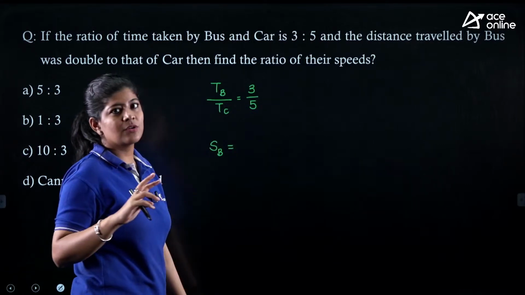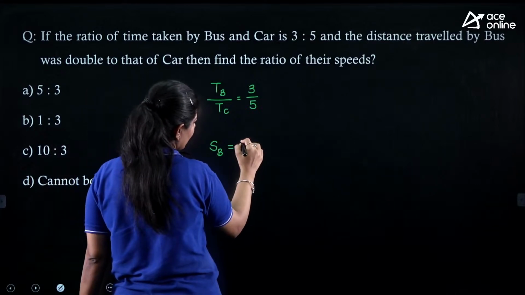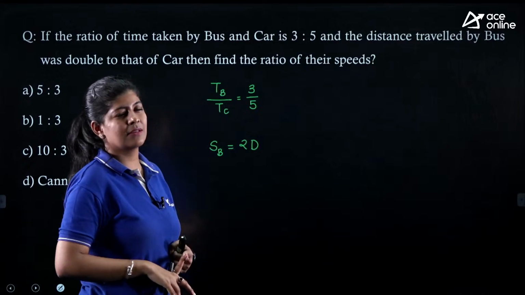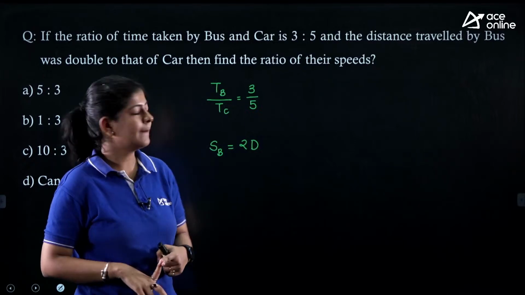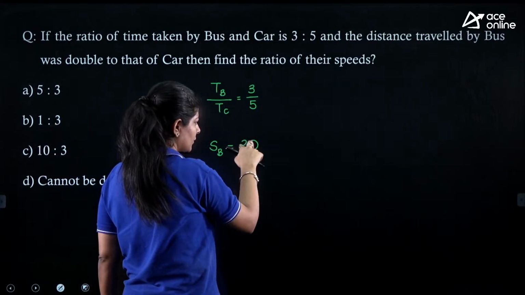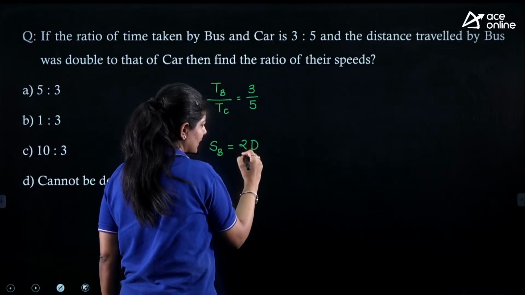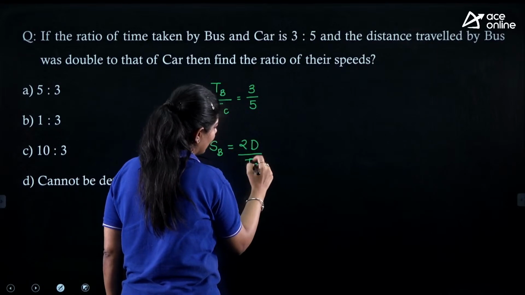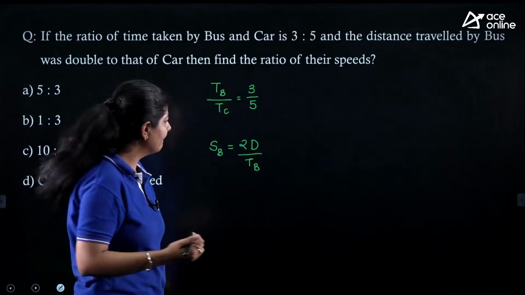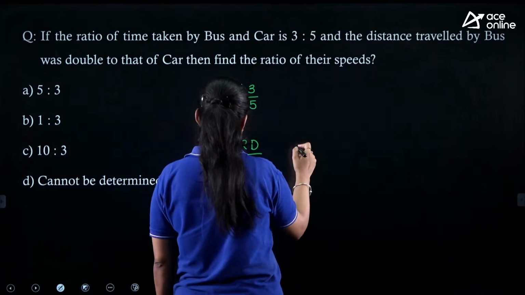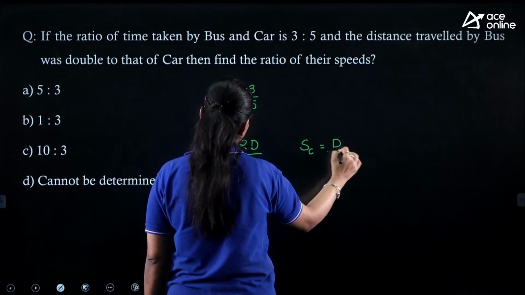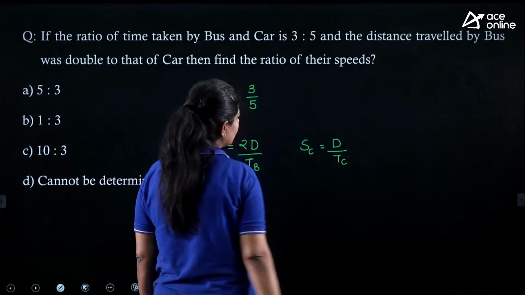As the distance got doubled, we can say twice the distance, as the distance of the car is given constant over here, right? So twice the distance that the bus needs to cover, with the time taken by bus being TB, right? And the speed of the car is nothing but the distance divided by TC.